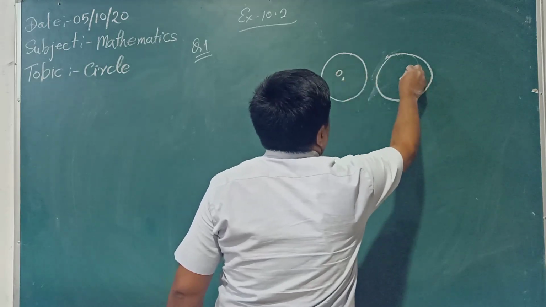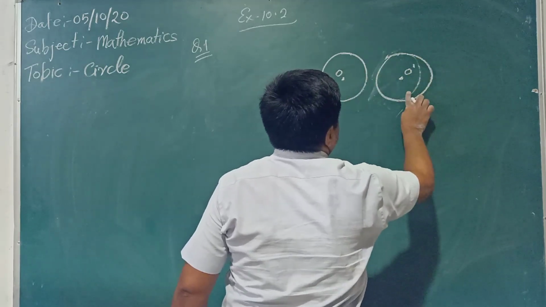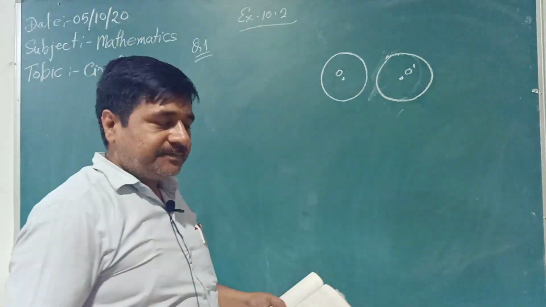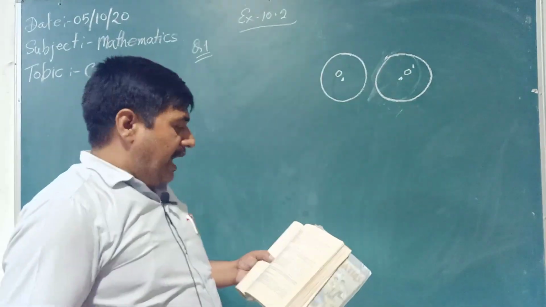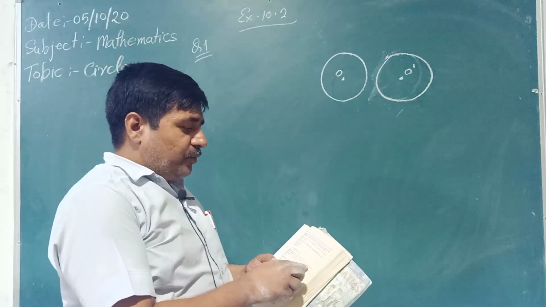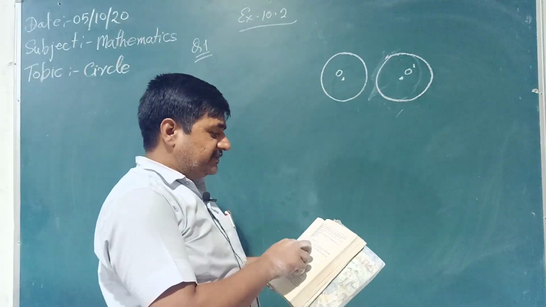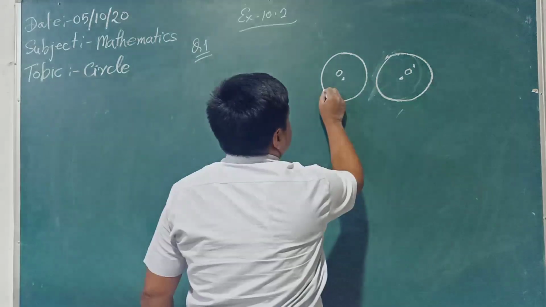Suppose the centers are O and O dash, same radii. Prove that equal chords of congruent circles subtend equal angles at the center.